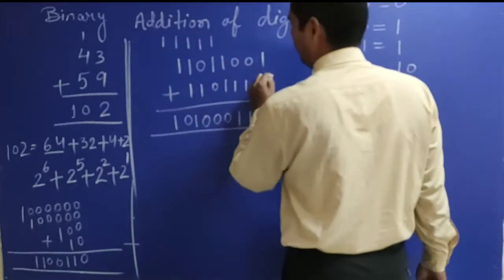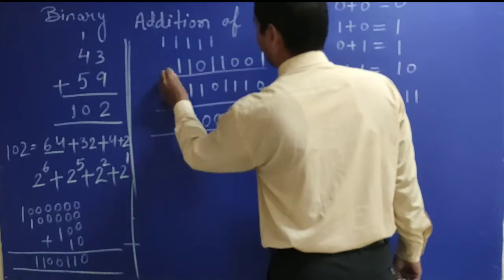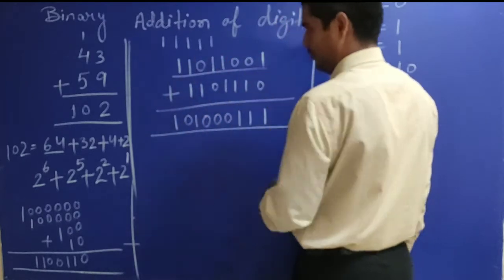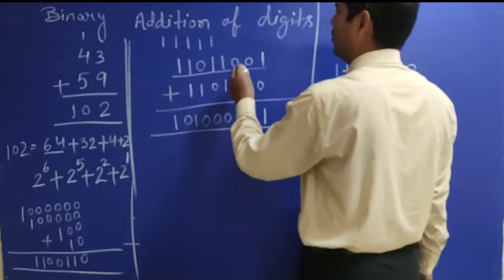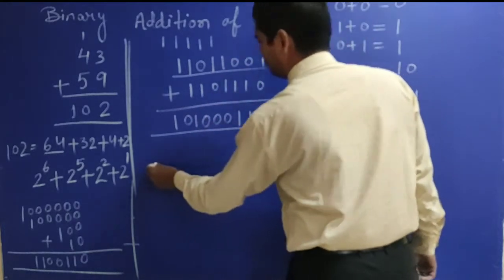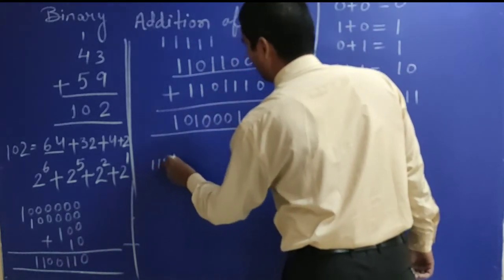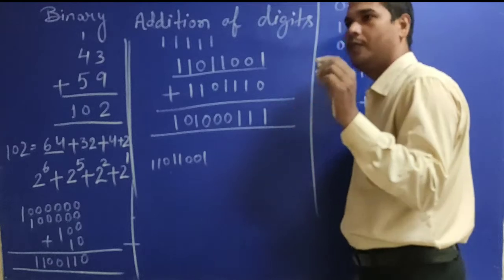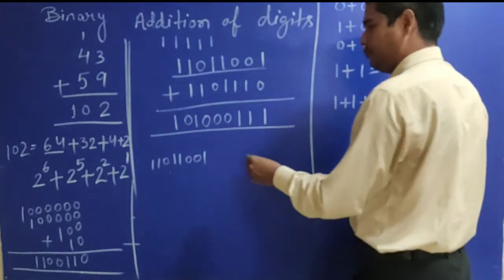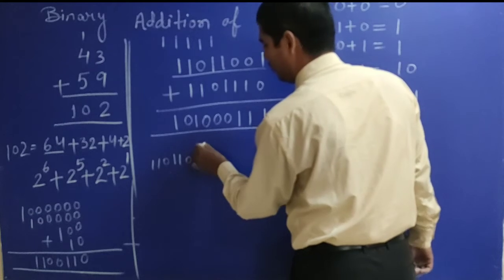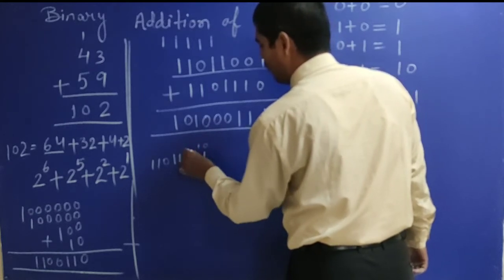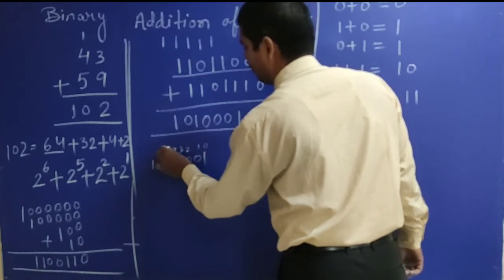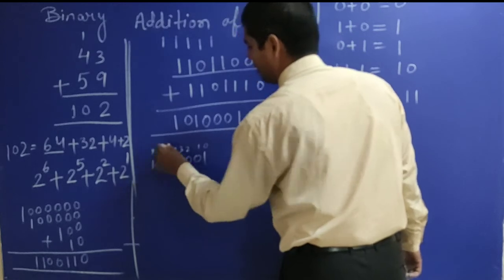First of all, we will count the number of digits: 1, 2, 3, 4, 5, 6, 7, 8. Means if we put the digits 1, 1, 0, 1, 1, 0, 0, 1, with the positional values 0, 1, 2, 3, 4, 5, 6 and 7.